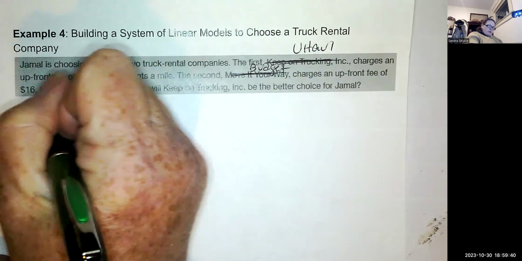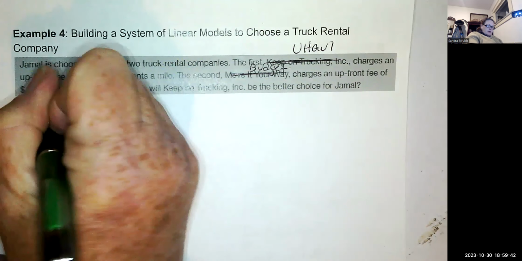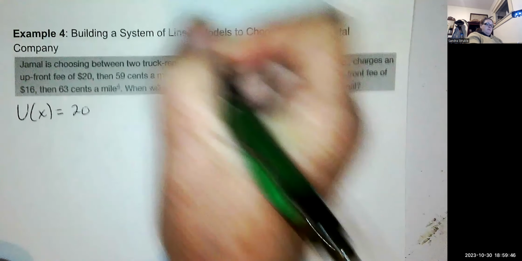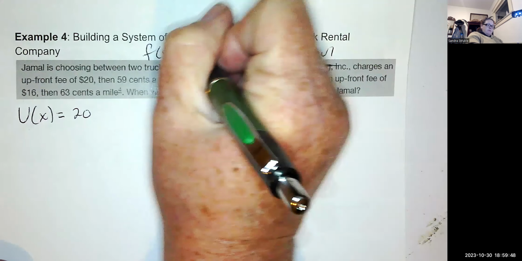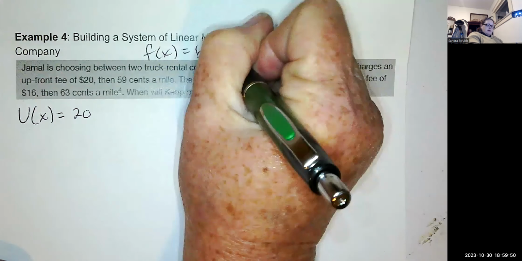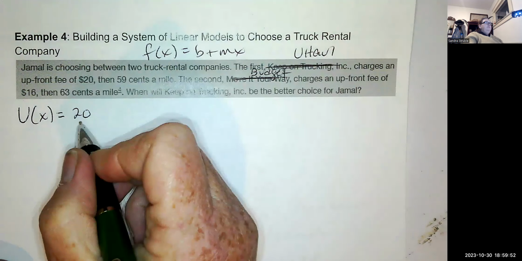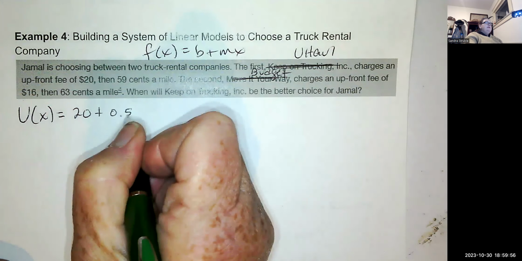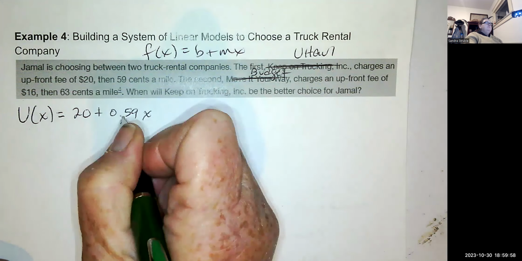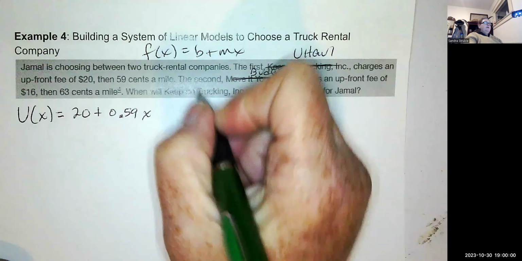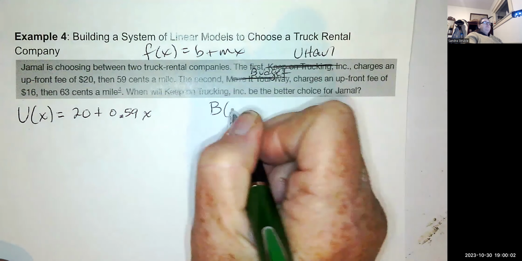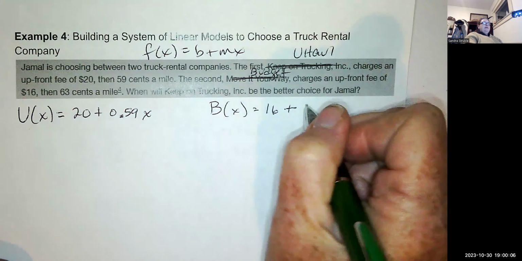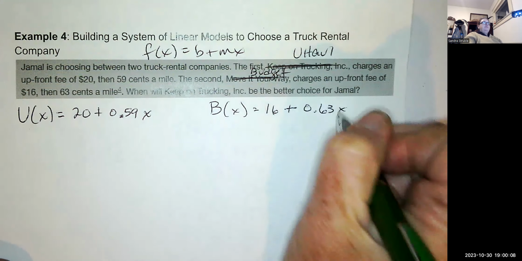So U of x, using f of x is equal to b plus mx, so 20 is the initial value plus 59 cents per mile, and x is my miles. Budget has an upfront fee of $16 and then 63 cents per mile.